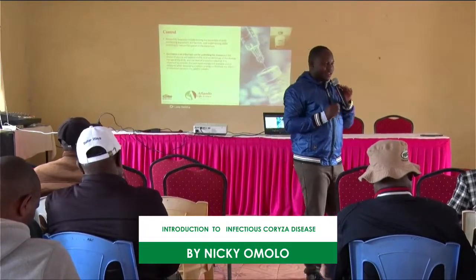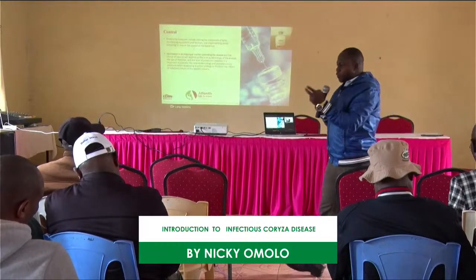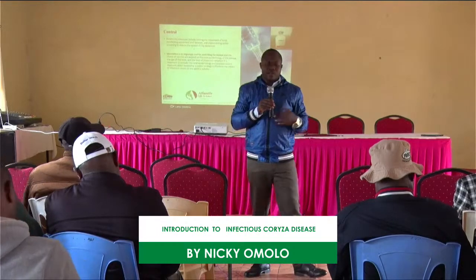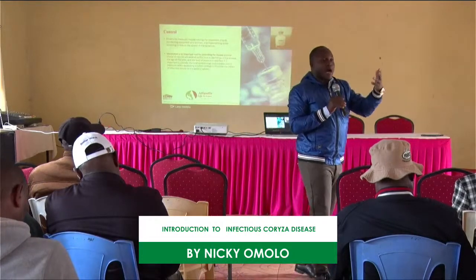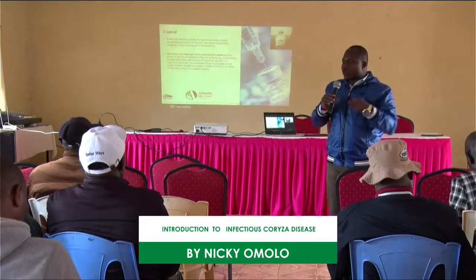Are we together? So if there was marked sneezing and a lot of mucus production, then with the effect of that chemical there will no longer be a lot of mucus production, and therefore the birds will feel some sort of relief.